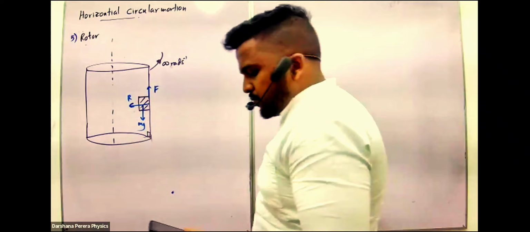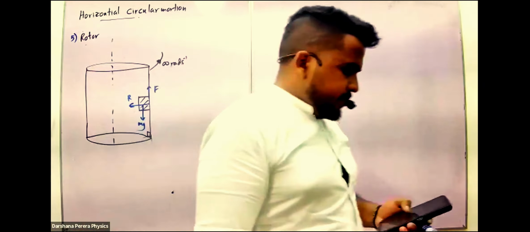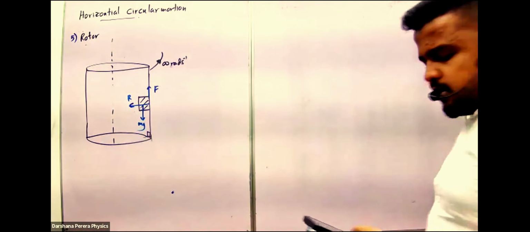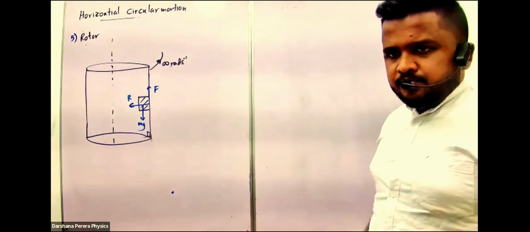Write down the centripetal force required to obtain a circular motion is given by the reaction force between object and wall.